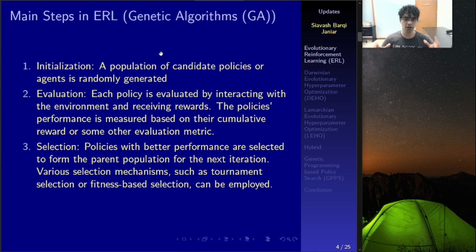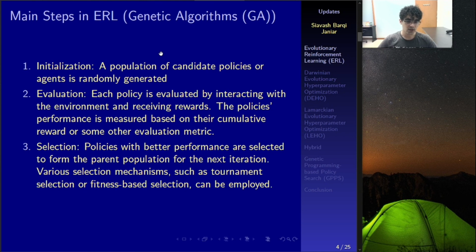So we're going to create a population, and this population can be anything. It can be hyperparameters, it can be neural network weights, and in the next step we evaluate it with whatever metric we have, and this step is leading us to the next step, which is the most important part.